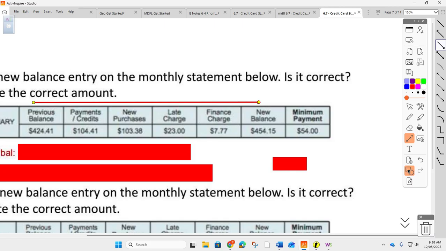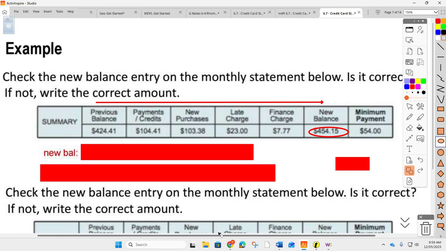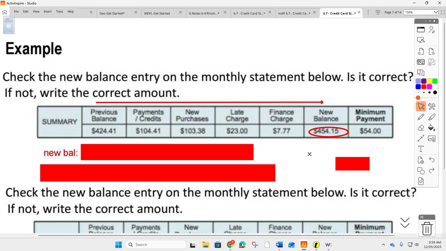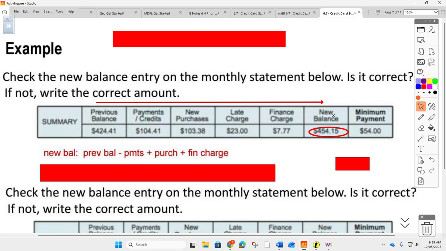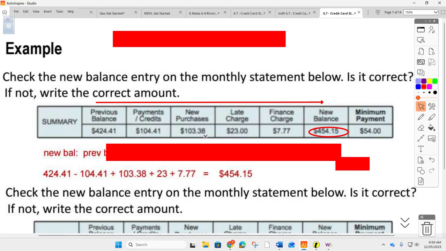So we need to get $454.15. If that's what we get, it's a yes, it is the correct amount. If not, it's a no. Questions? If you don't want to write this again, you don't have to. We're just working our way across. You've got it on the last page. So that's how we're finding it. But let's put the numbers in just as an illustration.